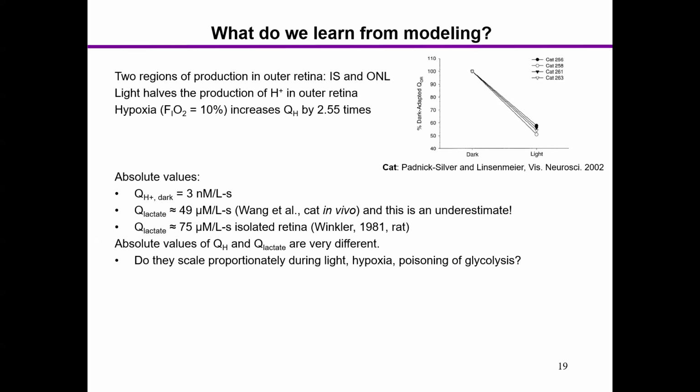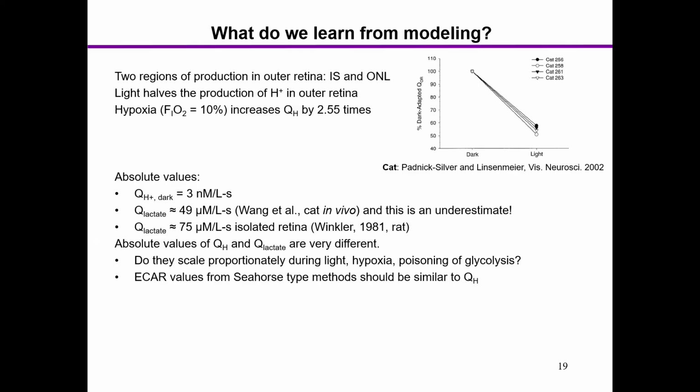And the question is whether they scale proportionately. So if you see an increase in hydrogen ion production by a factor of 2, does that mean that lactate production went up by a factor of 2, or are they dissociated? And this is interesting because the ECAR values that you get from Seahorse type experiments are extracellular acidification.